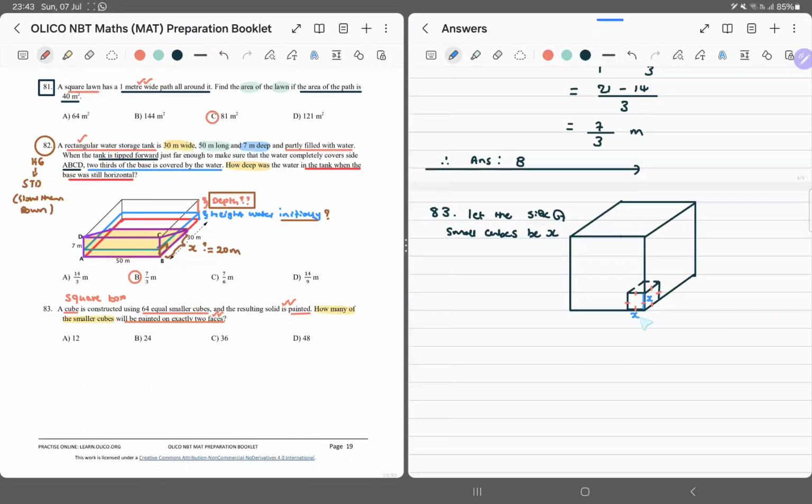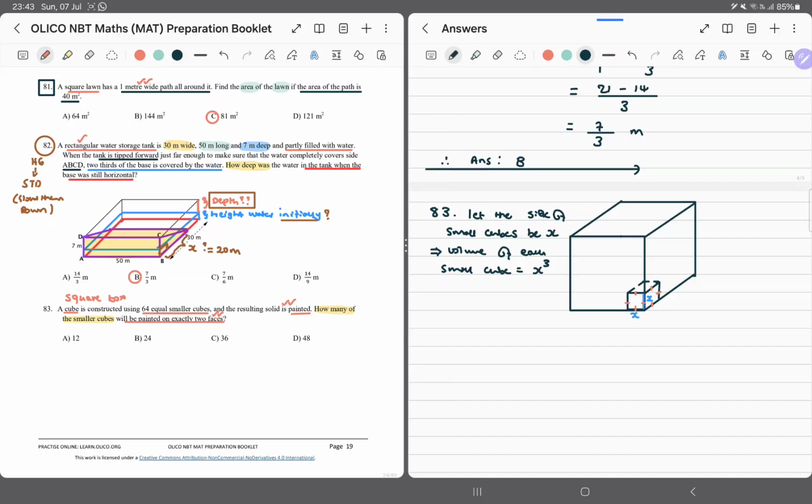All right, guys, so remember, this implies that the volume of each small cube is going to be equal to x cubed, because it's length times breadth times height, or just side cubed.